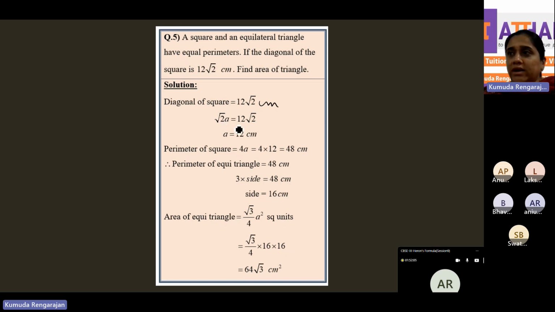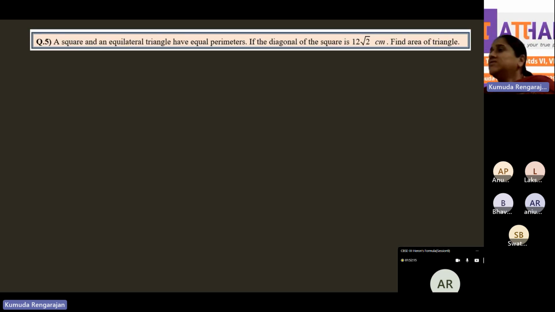The formula is root 2a is equal to 12 root 2. Root 2 and root 2 get cancelled. So a is equal to 12. Then once you find a, what is a? The side of the square, right? So using the side, you can find the perimeter, correct? And whatever is the perimeter of the square is the perimeter of the equilateral triangle also. It's given.